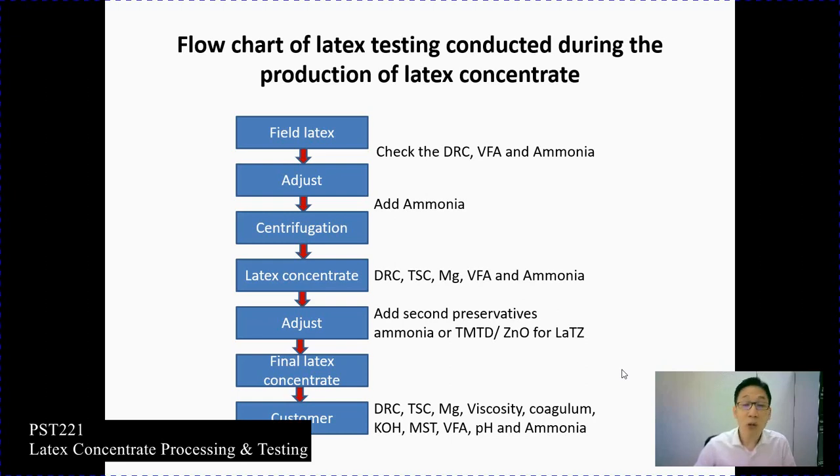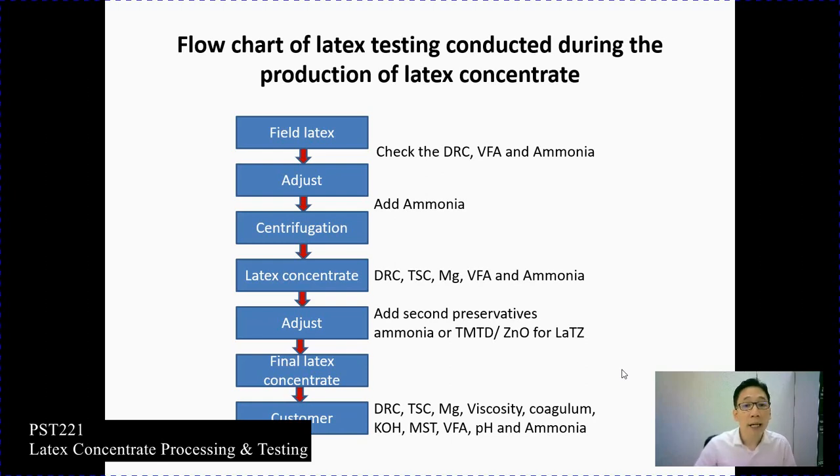Okay, or it depends on the consumer or your customer, what product they want to produce, what secondary preservative they want to use, so that it will achieve the final product specification.